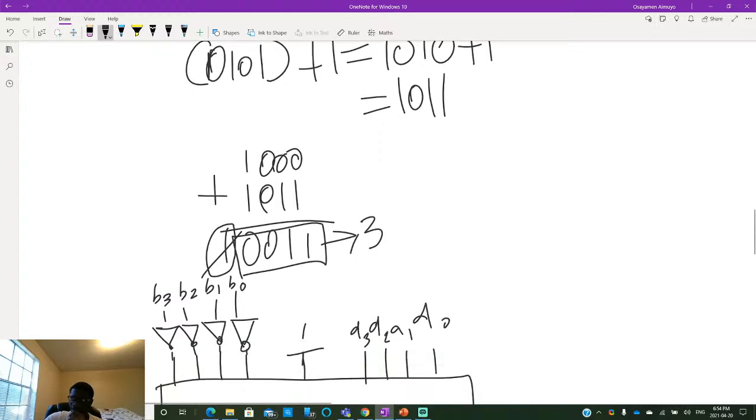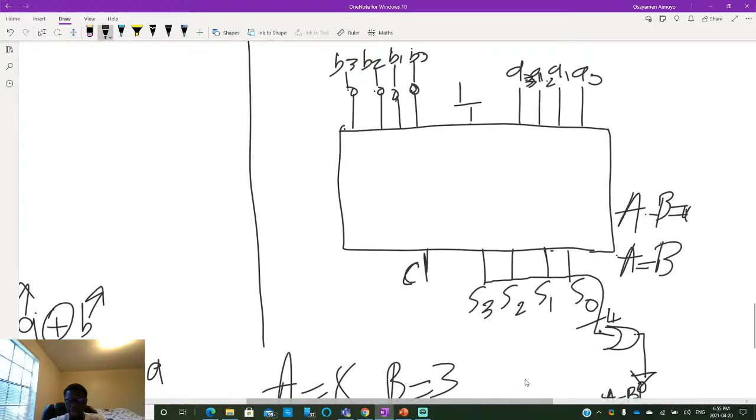But if A is less than B, the carry would be a 0. I think we've already done the case where A is greater.